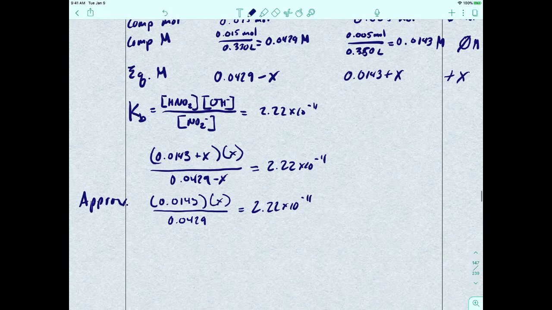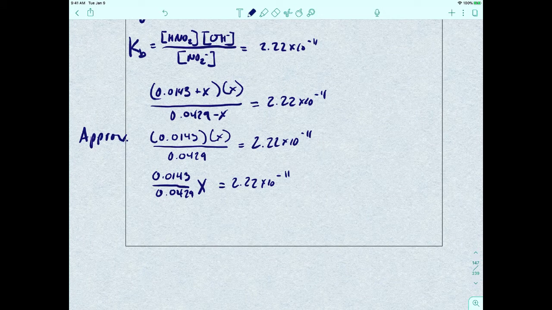Or we could rewrite this just a little bit more. Let's get the X by itself. So what I'm going to do is rewrite this and say 0.0143 divided by 0.0429 times X is equal to 2.22 times 10 to the minus 11th. Not minus 1/11th, but 11th.